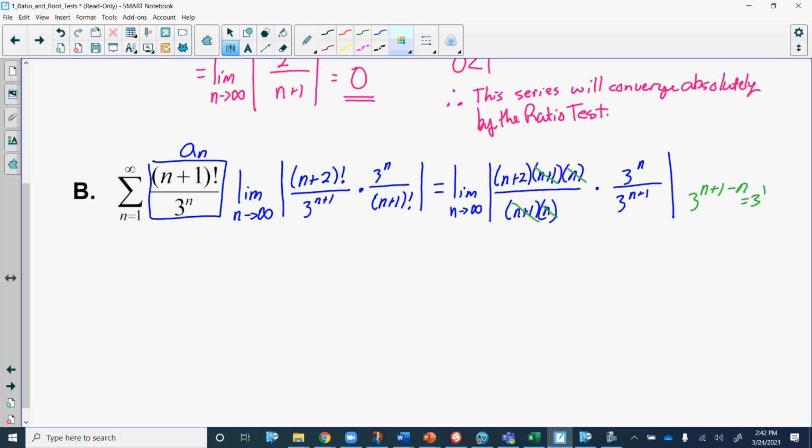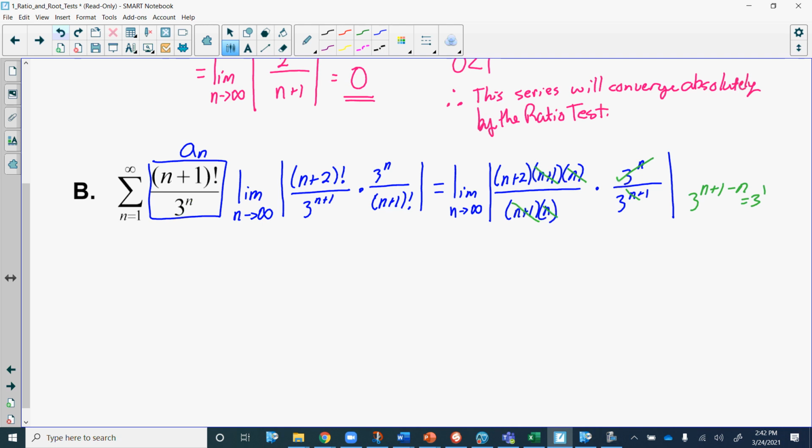So it's just going to leave me 3 to the first power.